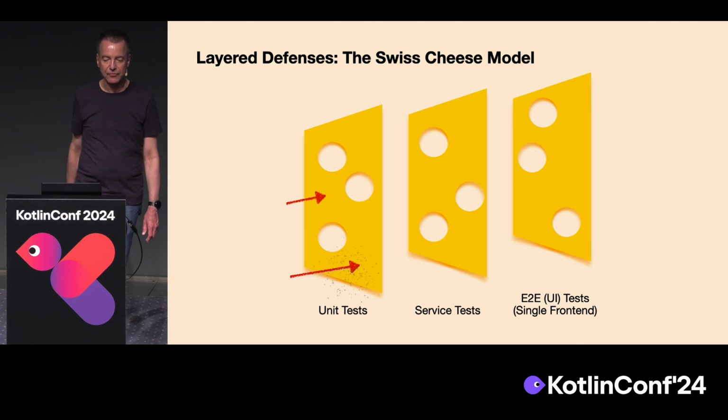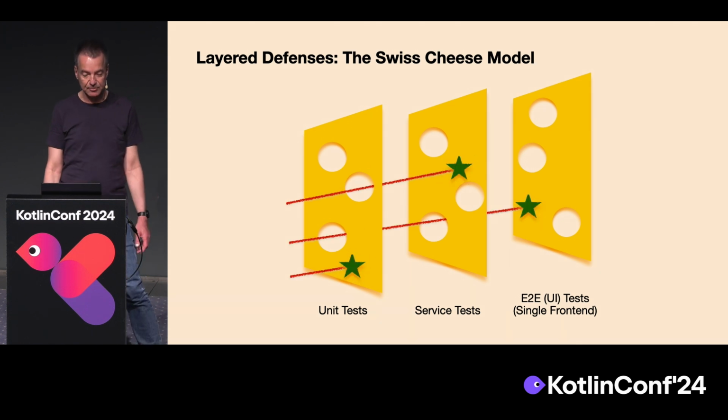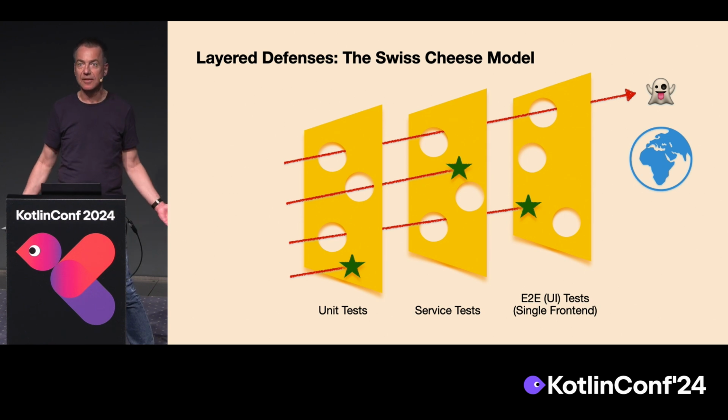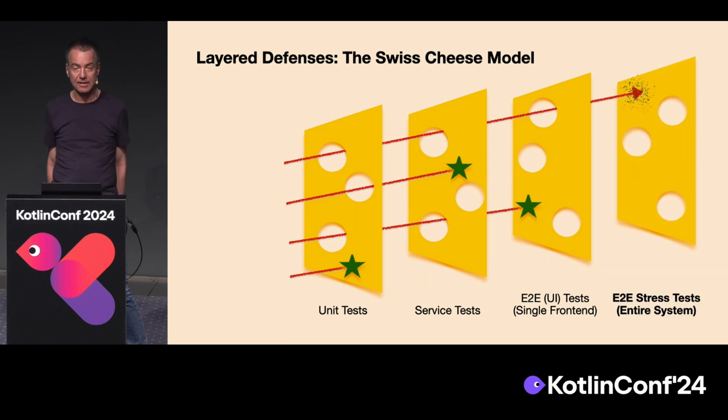Our usual defenses catch the usual suspects. But then there's Curry again, managing to escape into production. So what can we do to avoid this? And you might have guessed what comes now: use end-to-end stress tests.